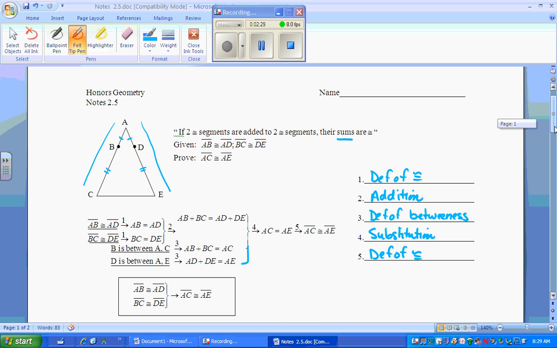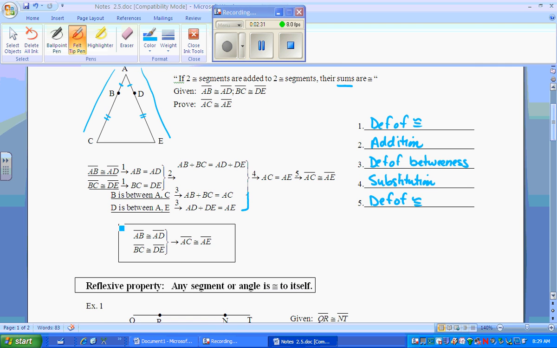What you want to do is do it the short way. The short way is right here in this box. So highlight this box for me. You're starting with the two givens. AB is congruent to AD. The other given, you bracket them together with an arrow. You can go right into the congruent pieces to the other congruent piece being congruent.